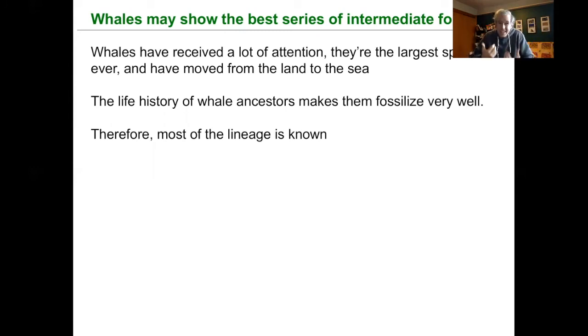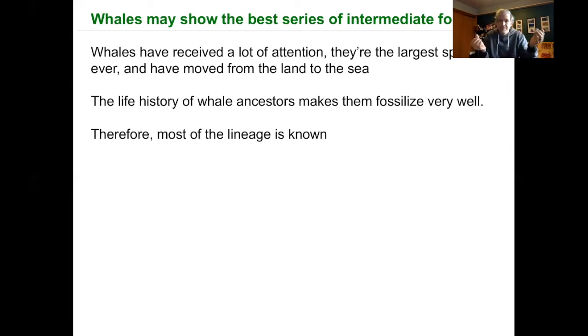So the life history of whale ancestors, the way they behave in their habitat, actually makes them fossilize very well. Because the best way for an animal to fossilize is that the animal dies and ends up at the bottom of a riverbed. And because sediment in the river is continuously washing over it, that sediment buries it, preserves it, and encourages the process of fossilization where the bones turn to rock.